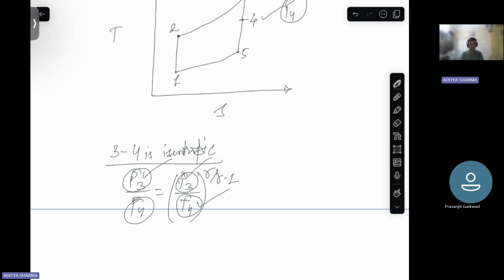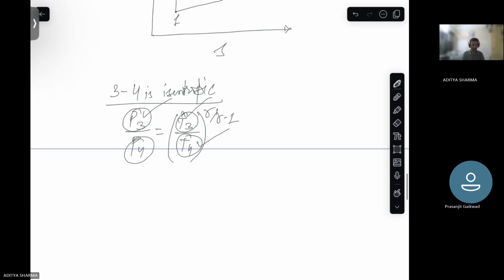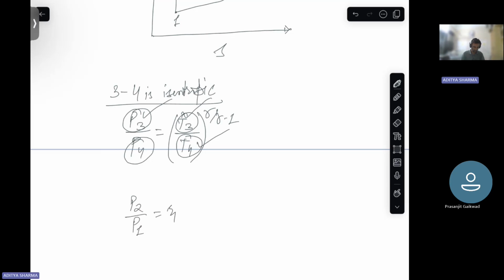How can we find out P3? You know, P2 by P1 is RP, implies P2 equals RP times P1, right? This we know.